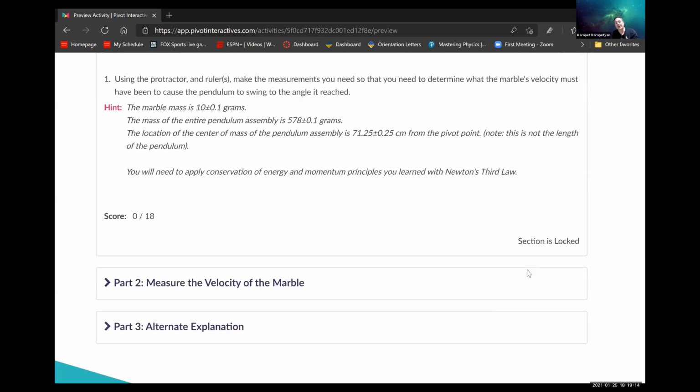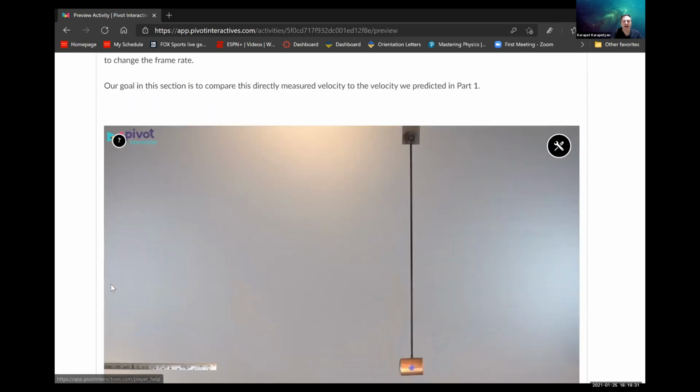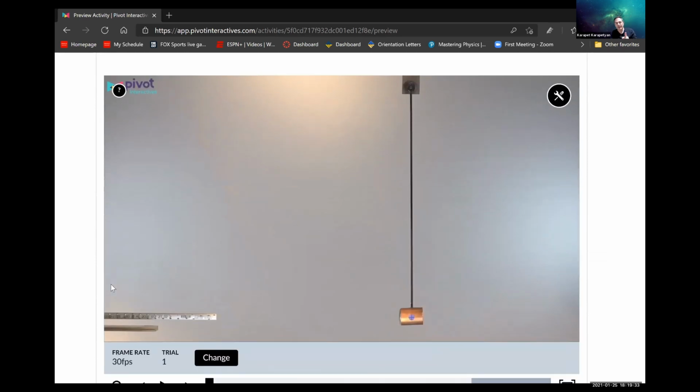The second part is another way of calculating the velocity of the bullet. We're going to calculate the initial velocity of the bullet by looking at the bullet when it's launched.